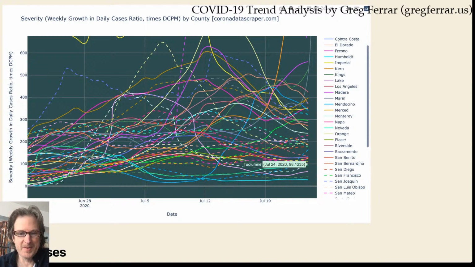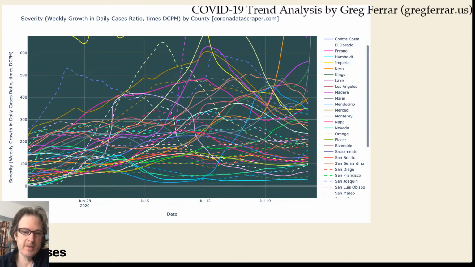Don't know how to pronounce that one. I need to look it up. Tuolumne, El Dorado. Those are the best right now, but in some of them, like Humboldt, is doing very well at 28 daily cases per million. But the whole rest of the state is a tangle of hot spot, warm spot in severity.